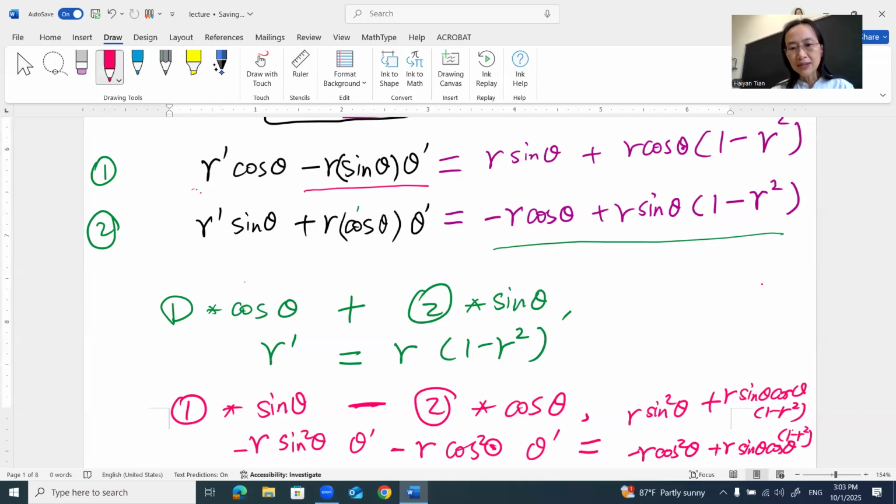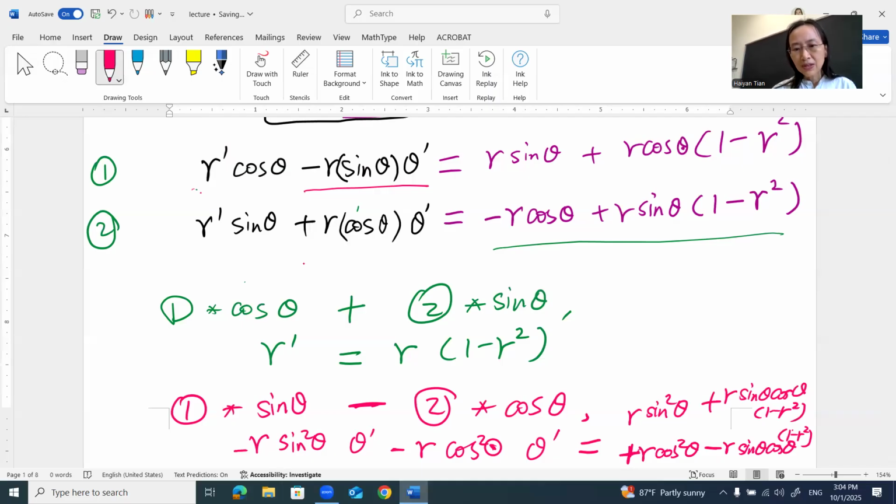However, we're doing subtraction this time, so minus negative is plus, right? Minus a positive, then that's a minus. So we keep the sign correctly. So after the subtraction, this is the equation.